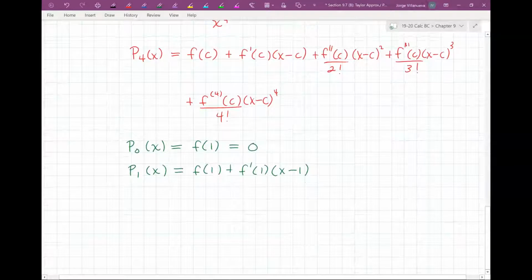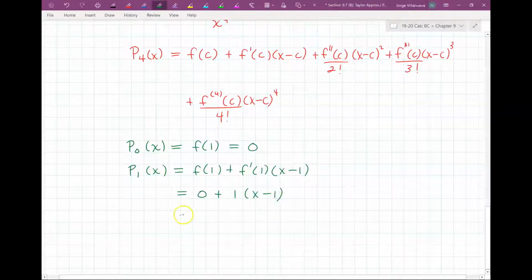Well, we found out that f of 1 was 0, right? So that's going to be 0 plus f prime of 1, that's a 1, times x minus 1. So your answer is x minus 1.